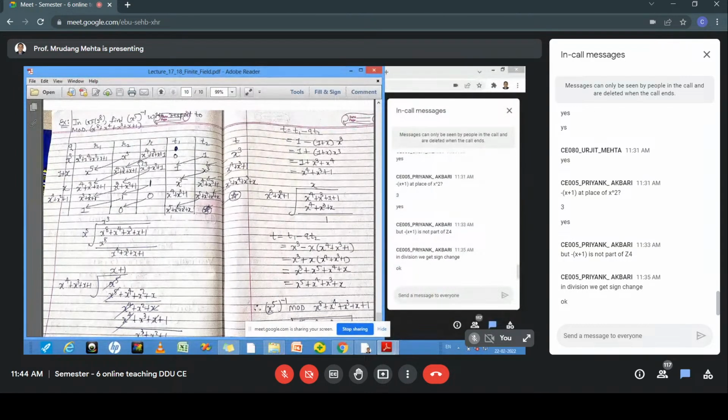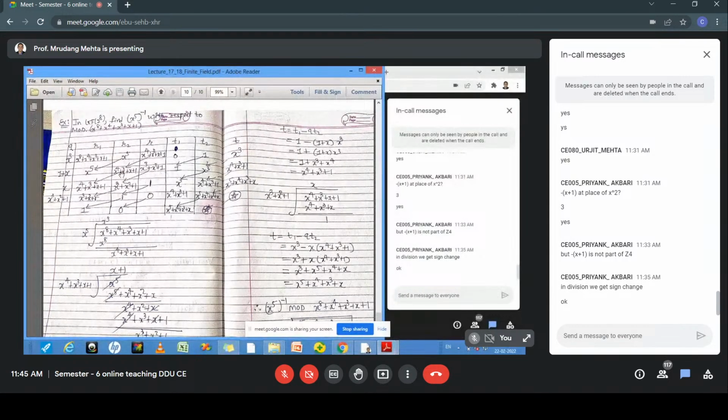Now, again, we shift it. And at that time, T1 and T2 are 0, 1. So T3 equal to T1 minus Q T2, so that is x4 plus x cube plus 1. Now x4 plus x cube plus 1 should be written over here. Now the shift operation is carried out.